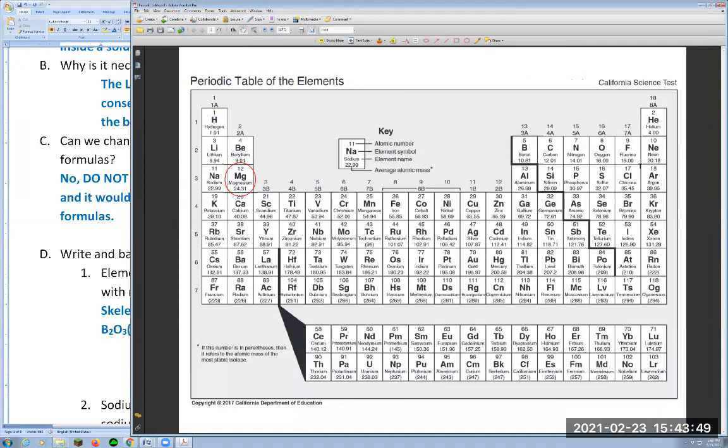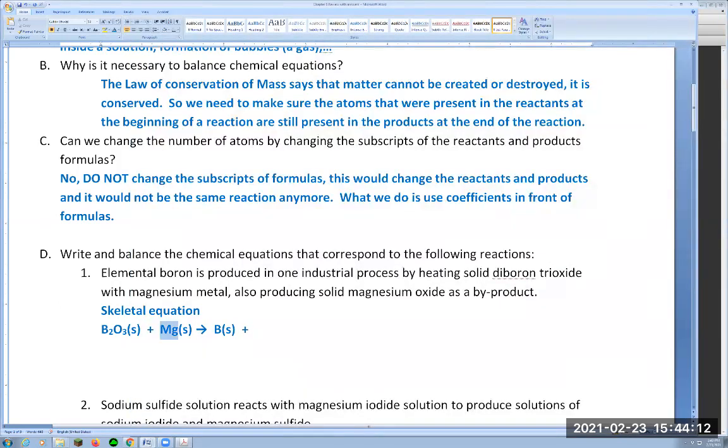And whenever you have a metal, it means it's a solid at room temperature, except there is only one that is not a metal, and it's mercury. But all the others, all those elements below the staircase that are metals, are solids at room temperature as elements. So they will be represented with just their symbol and s for solid. And it means the solid metal.